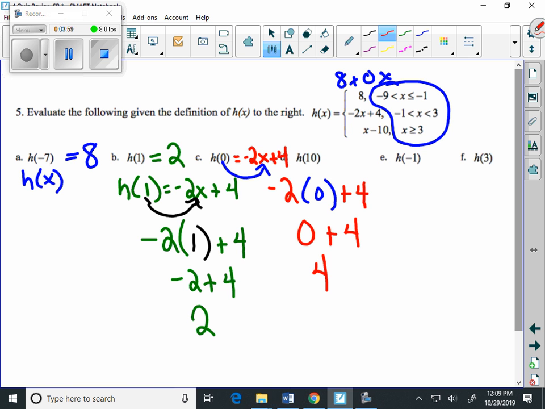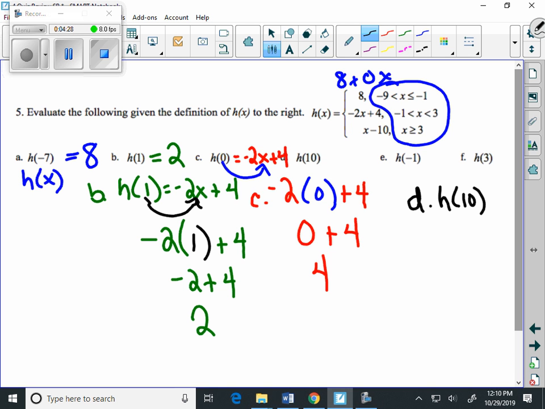So that was letter C. So here's B in green. C is mostly in red. Let's look at letter D, which is h of 10. I'll write it again here, h of 10. And we need to determine which piece to use. And 10 is not between -9 and -1, even whether -1 is included or not.